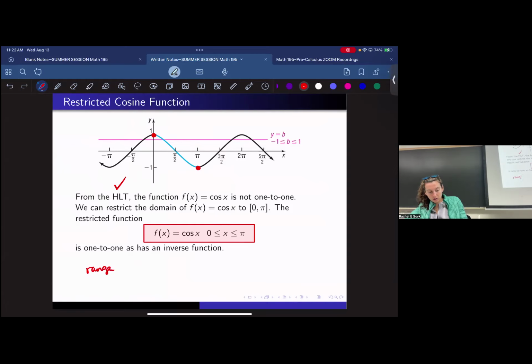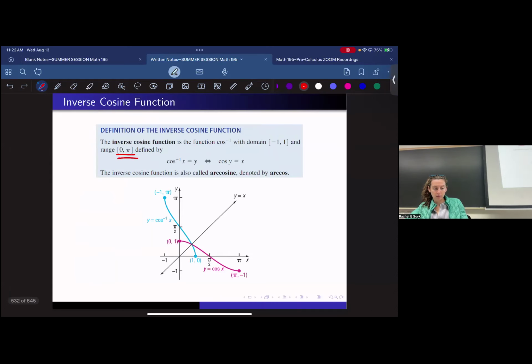So we can write that down here. Range of cosine of x is from -1 to 1, which gives us our domain of our cosine inverse of x. And that's where we have our domain, -1 to 1.